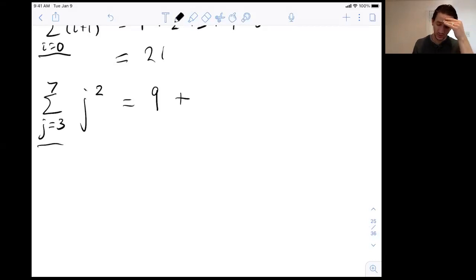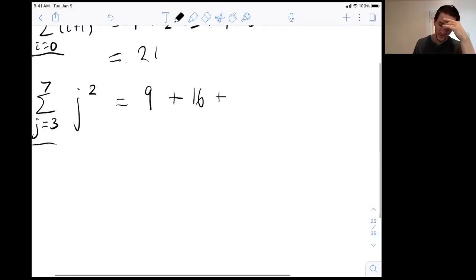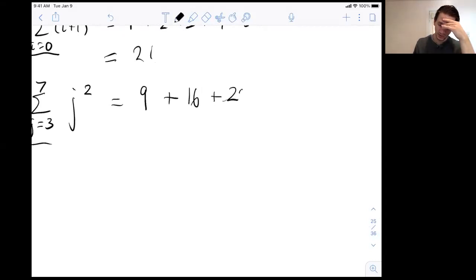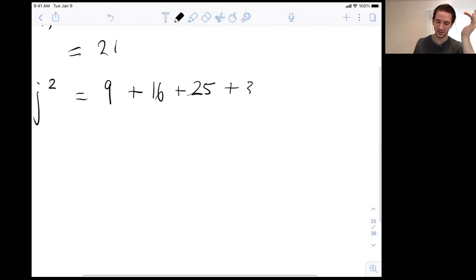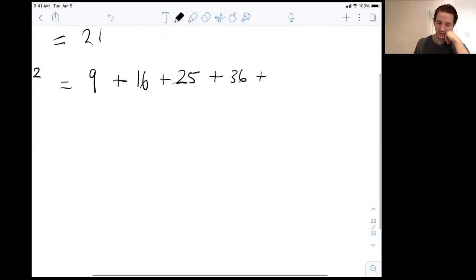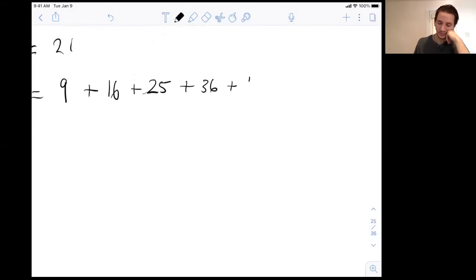Okay. So then when j is 4, j squared is 16, plus. Then when j is 5, I'm going to get 25, which is 5 squared. Then I write a plus. Then I increase j by 1. j is 6, so I'm going to get 36 plus. And then when j is 7, I'm going to get 49.